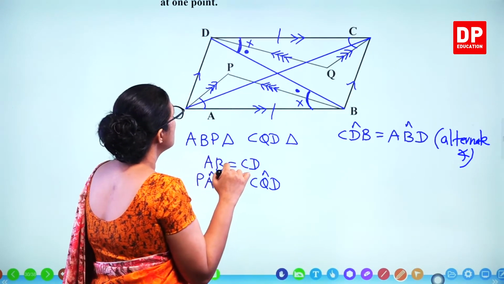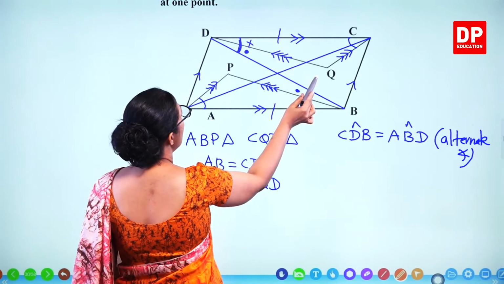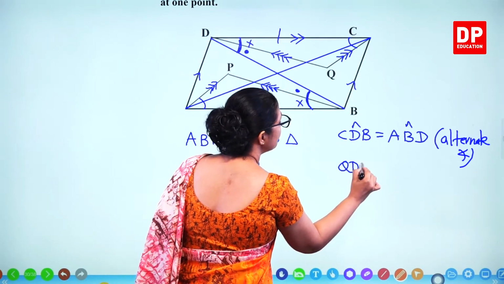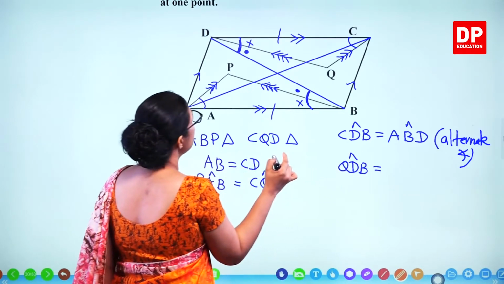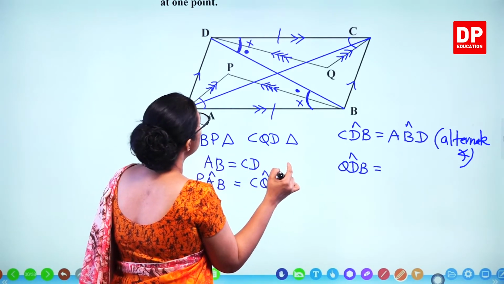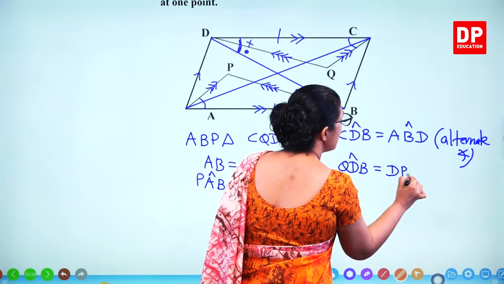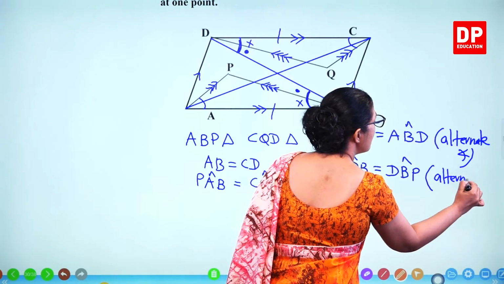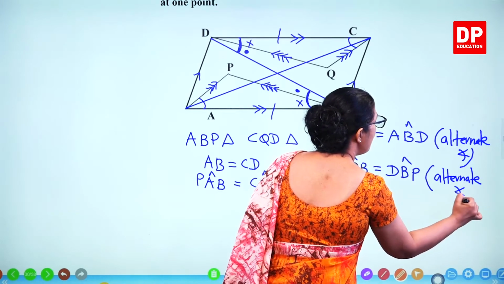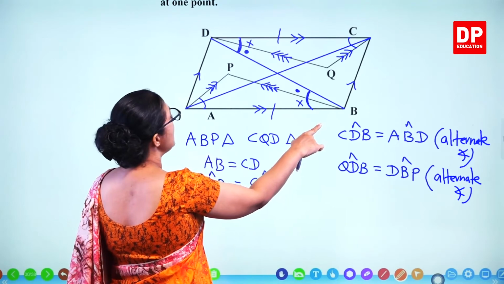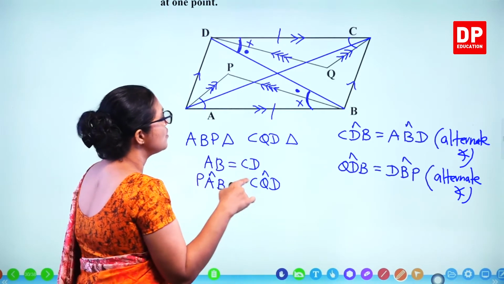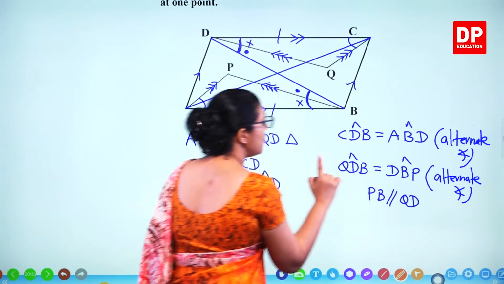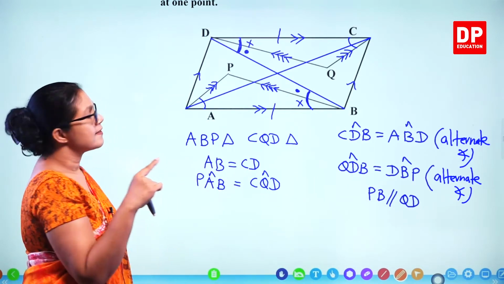Then angle QDB is equal to angle DBP. That's also alternate angles because PB and QD are parallel. Because of that, that's also equal.